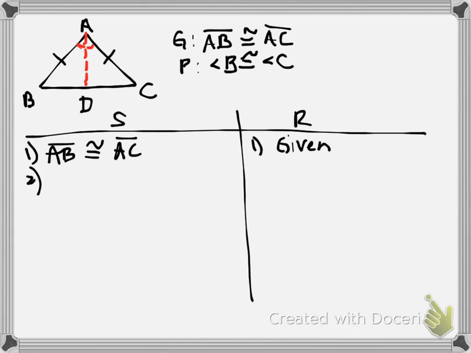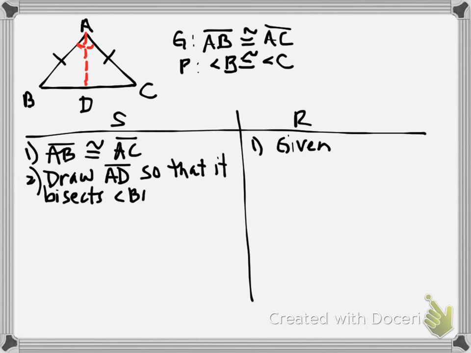So when I talk about my auxiliary line, I'm not just going to say draw segment AB. I'm going to say draw segment AB in such a way that I know that it bisects the angle BAC. So draw, I always start all my statements for auxiliary lines with the word draw. Draw segment AD so that it bisects angle BAC.